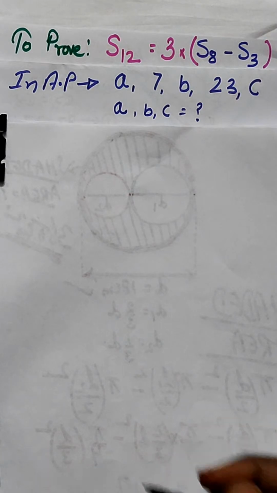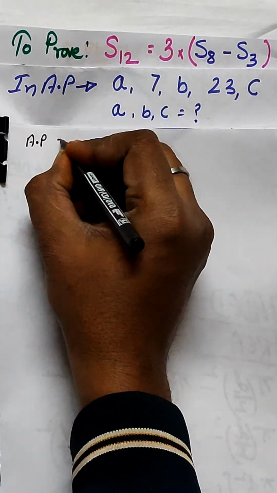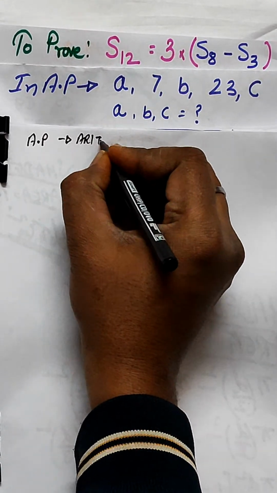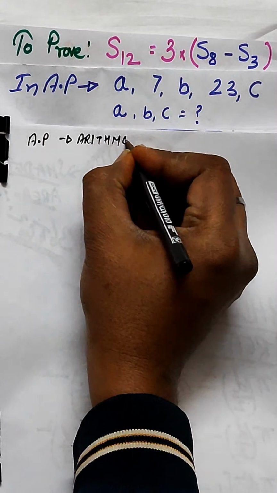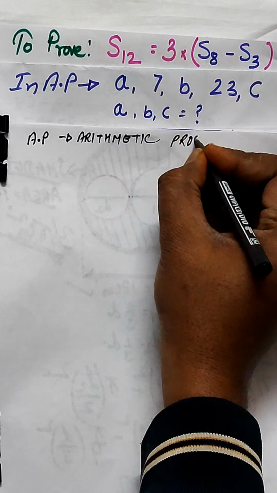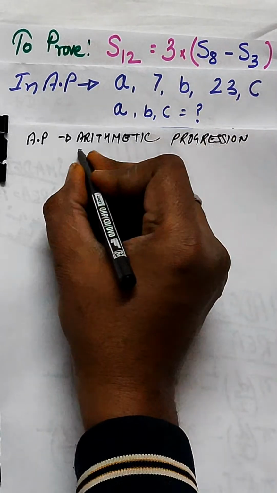for any AP, what is the full form of AP? AP is arithmetic progression. AP is arithmetic progression, right?